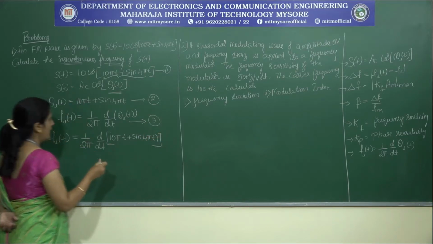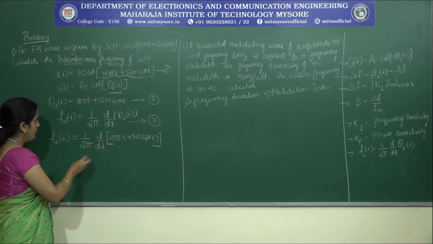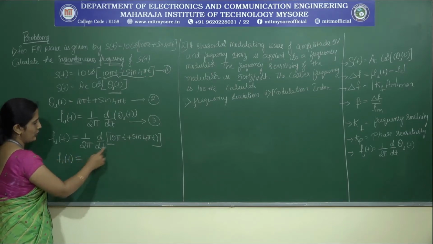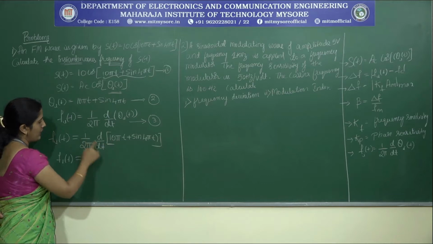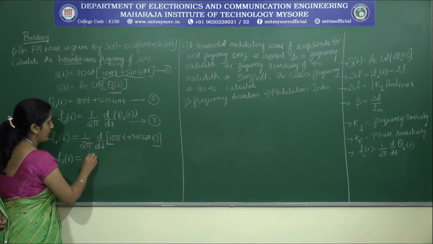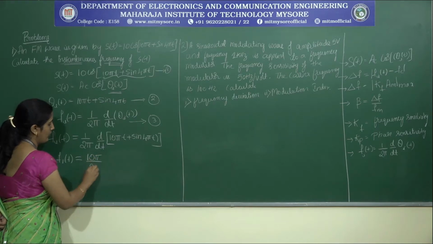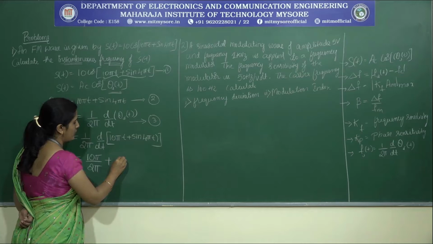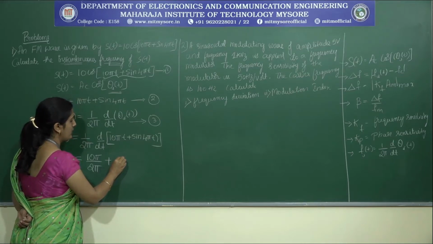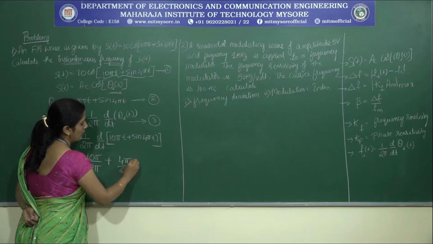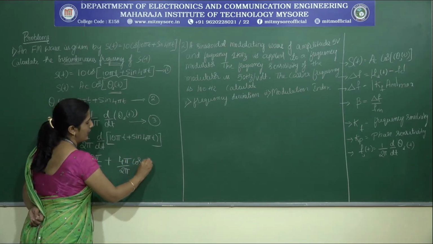After differentiation we are going to get f i of t equal to, this 10 pi we differentiate, so we get 10 pi divided by 2 pi, plus after differentiation we get 4 pi divided by 2 pi into cos 4 pi t.